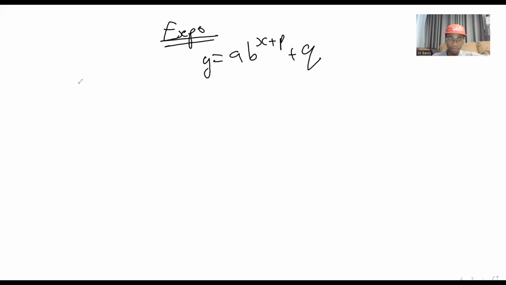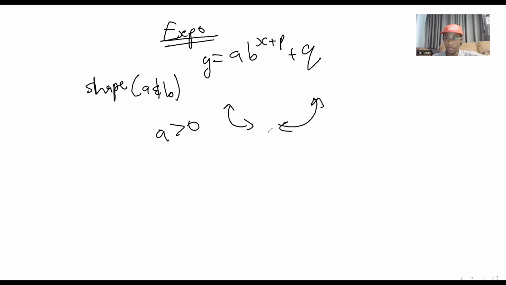So under the exponential, let me say y equals a b exponent x plus p plus q. The shape is determined by a and b. If a is greater than 0, I told you the function is above the asymptote. So either you're going to have something like this or something like this if a is positive.